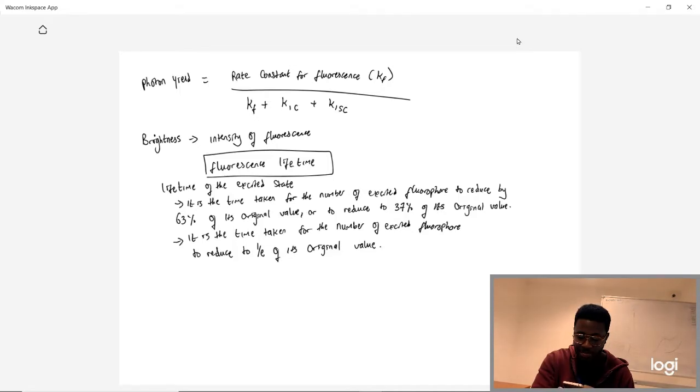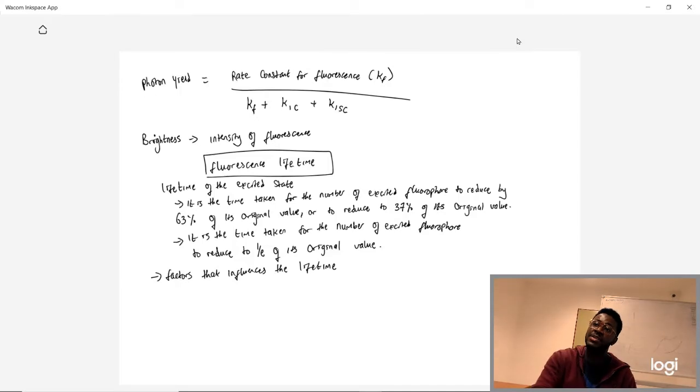There are a lot of things that affect the value of the lifetime, and that's what we're going to talk about: the factors that influence the lifetime.